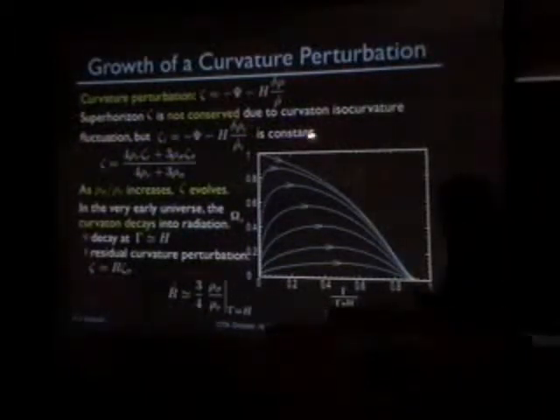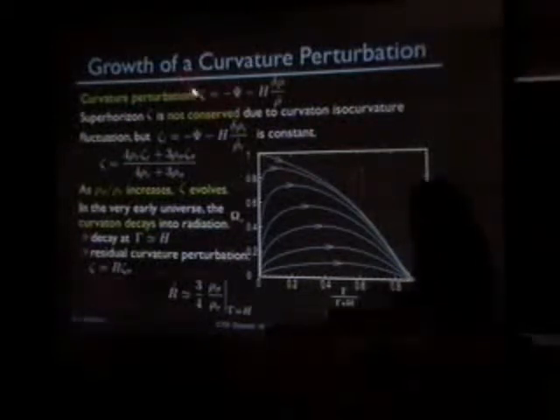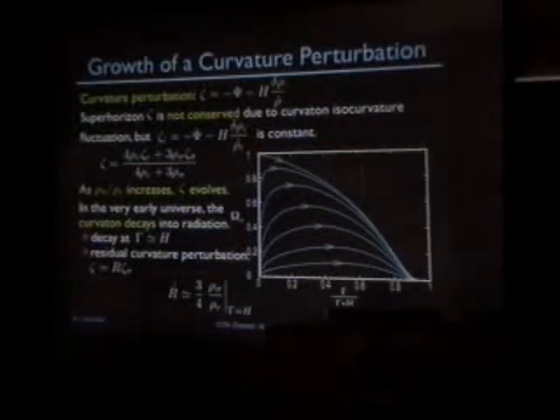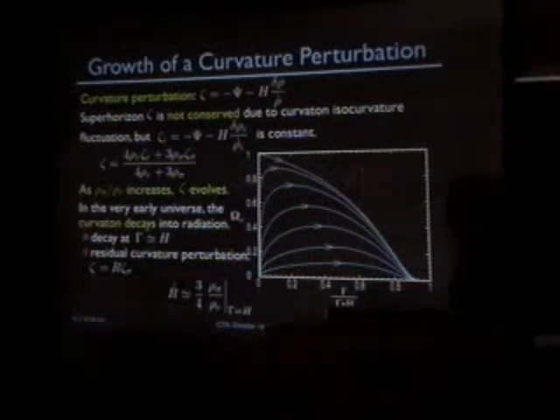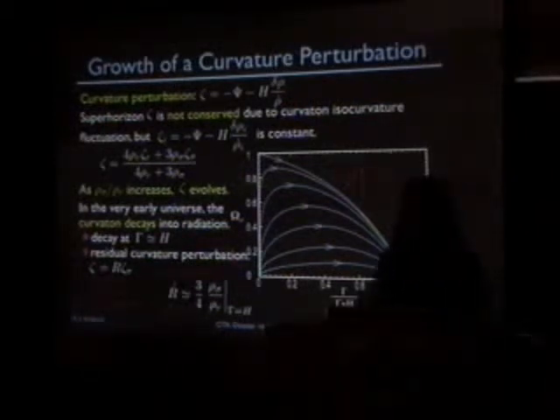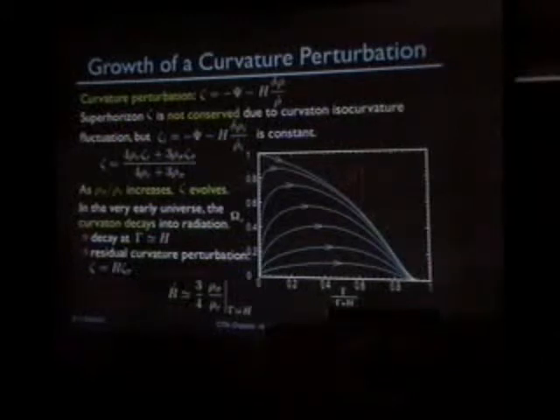Consider a curvature perturbation. This is our well-known friend zeta. We're used to zeta being conserved outside of the horizon, but that's only for adiabatic perturbations. Here we have a curvaton isocurvature perturbation, and that means that zeta will evolve. However, the curvature perturbations on slices of homogeneous curvaton and homogeneous radiation are still conserved, because the two don't talk to each other.